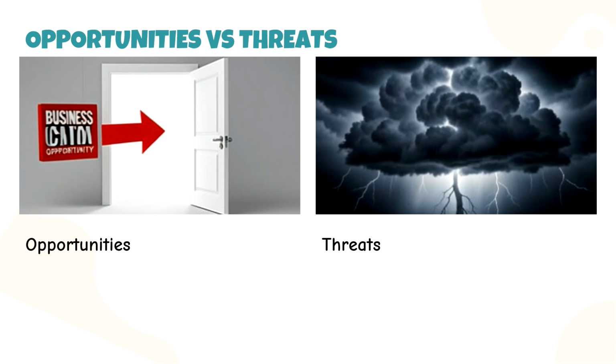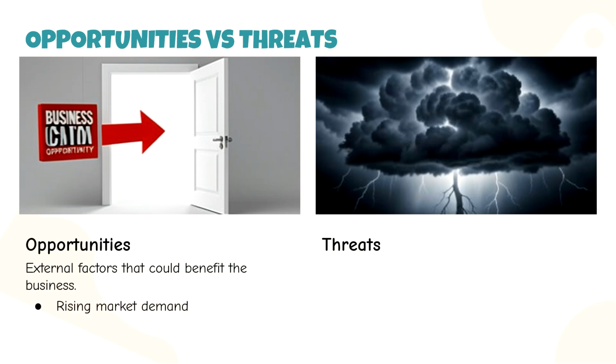Now, what about opportunities? Opportunities are the external factors that could help the business to capitalize and make profit. One example is rising market demand. If there's a high market demand for the product or service that the business is offering, this could be an opportunity for the business to expand in that area.